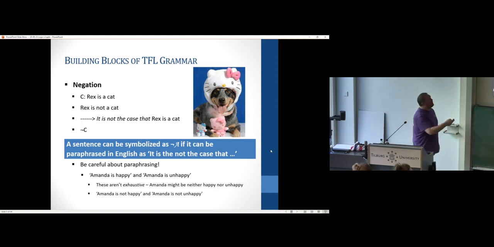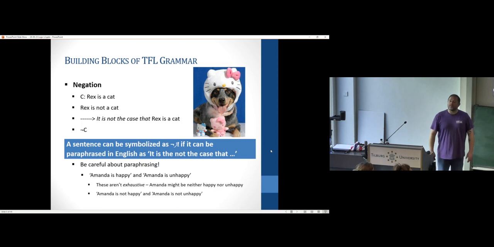So we can paraphrase "Rex is not a cat" in English to "it's not the case that Rex is a cat." That is, there's no difference in meaning between this and this English sentence. And when we paraphrase it like this, we can say, cool.